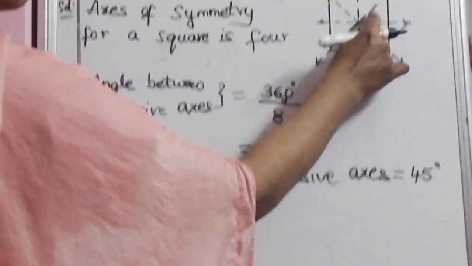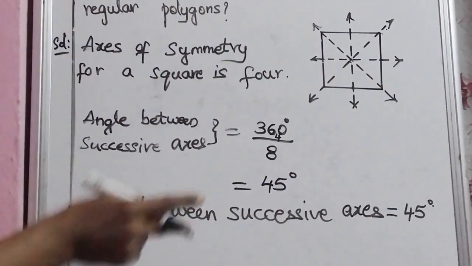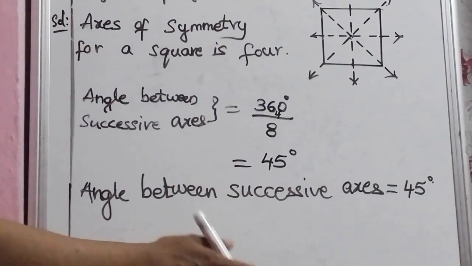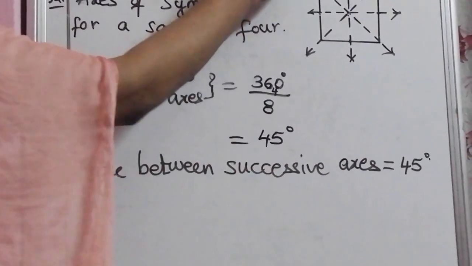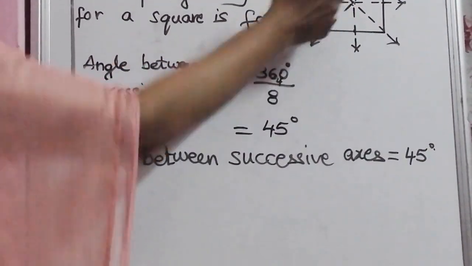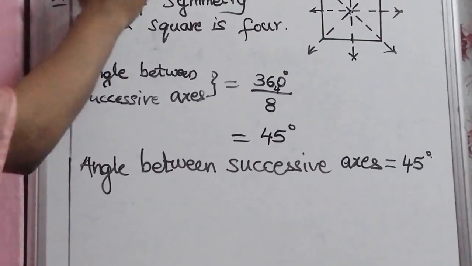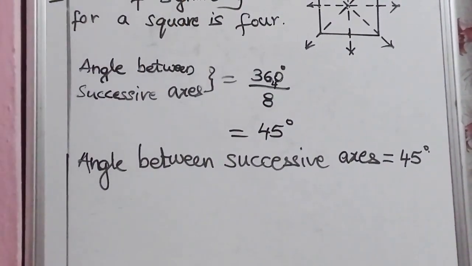So here it is 45, here it is 45, like that. Between any two successive axes, if you measure the angle, it is 45 degrees. Understood this? What do you notice? You notice that all the angles are equal, which is 45 degrees. Does the same rule apply for other regular polygons?